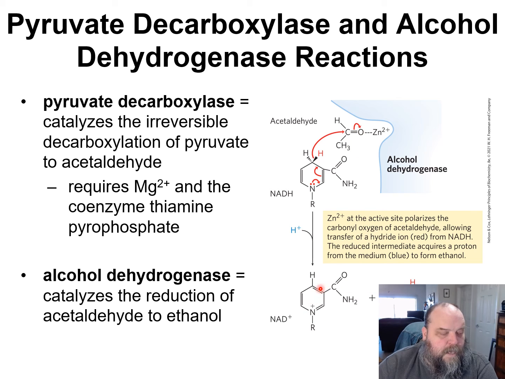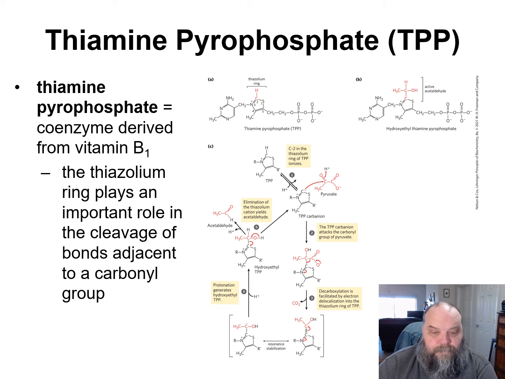So you end up with NAD, and you have 2 carbons, one's a methyl carbon, hydrogen, and instead of a carbonyl, you now have a hydroxyl and another hydrogen also there. And it's all because of a zinc here in alcohol dehydrogenase that's interacting with the carbonyl group here, allowing for the attack by NADH.